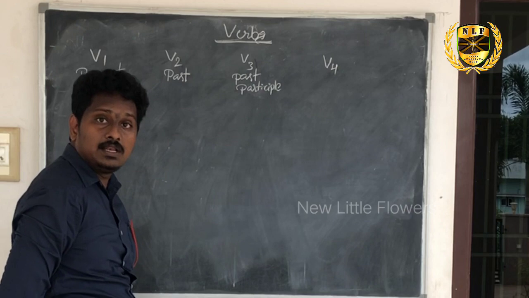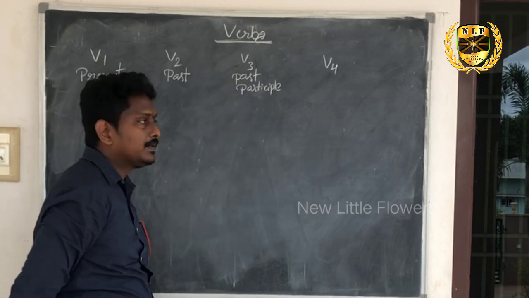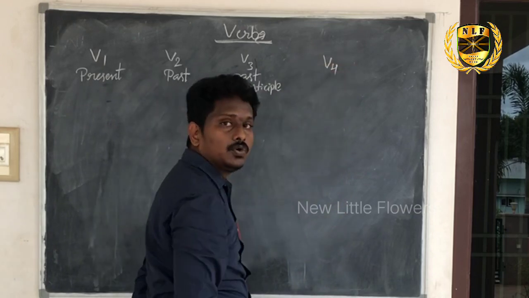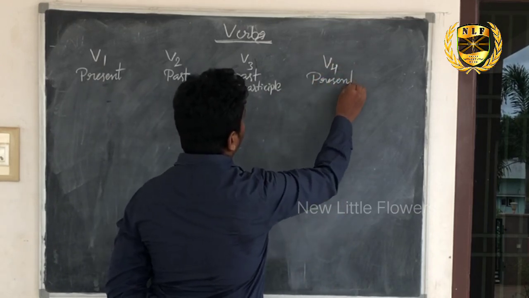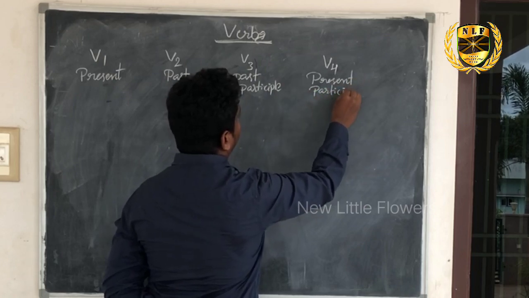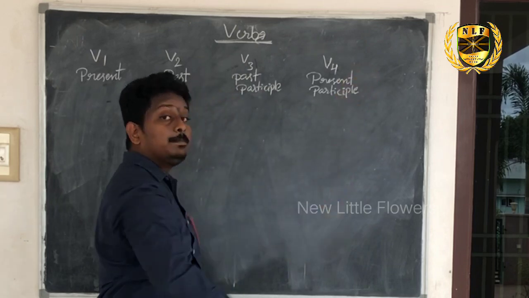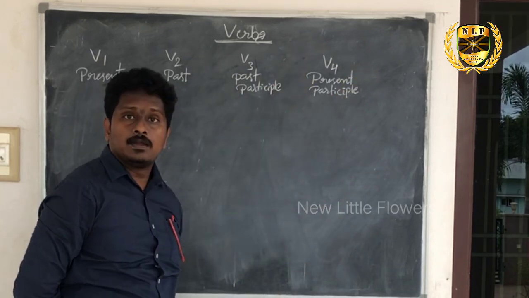Past participle is another name for V3. V4. Present participle is another name for V4.